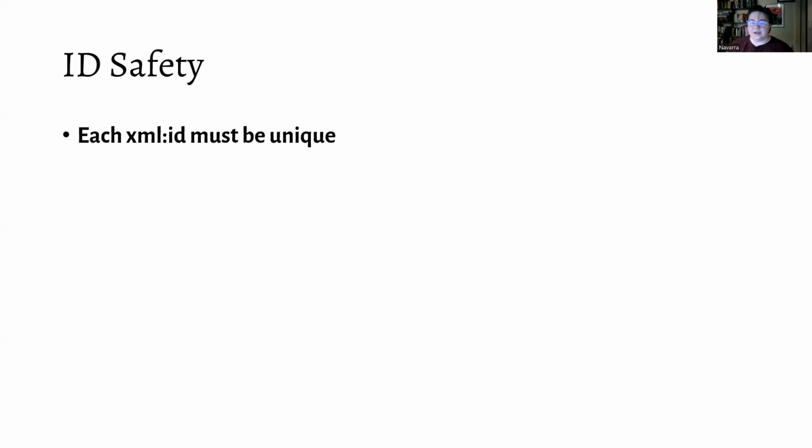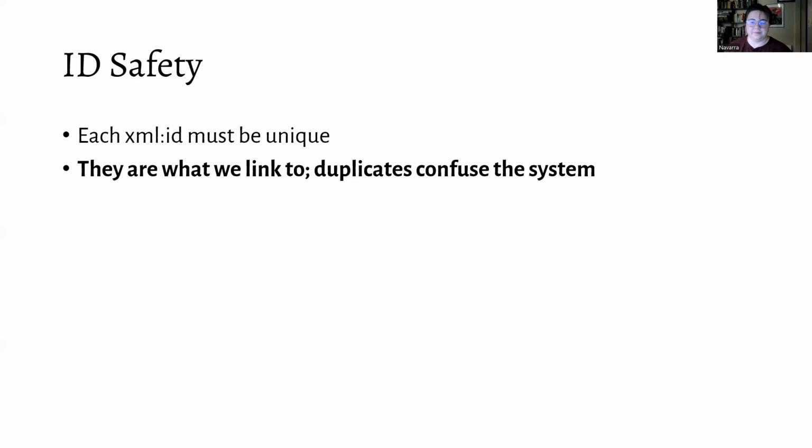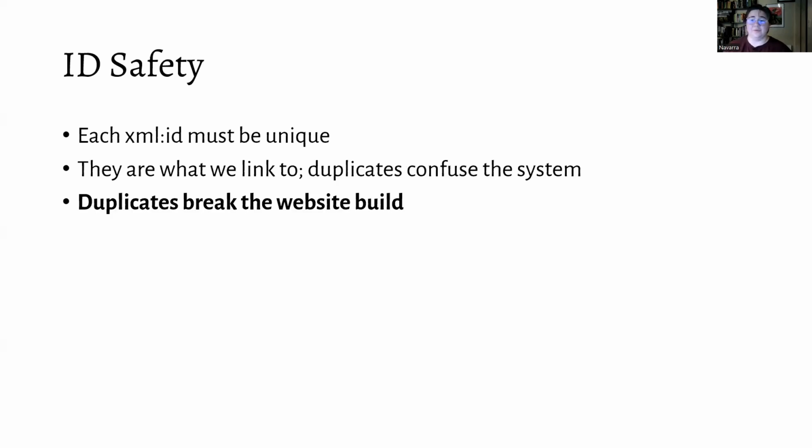So with our XML IDs, because they're so key, we need to be safe with how we use them. And the big important thing is that each XML ID must be unique within the entirety of LEMDO. These are what we link to. If we have duplicates, it's going to confuse the whole system. And we've made it so that when there are duplicates, the website build breaks.